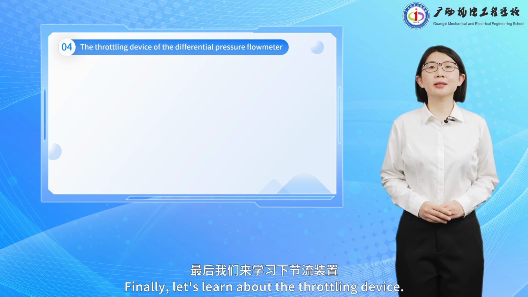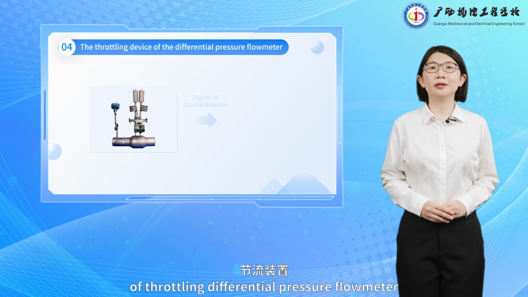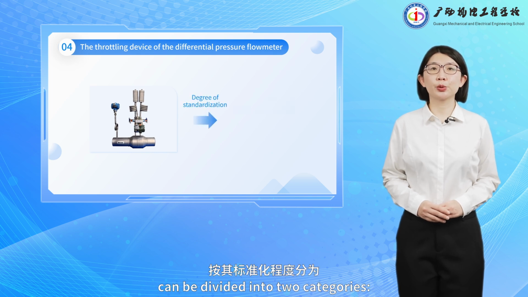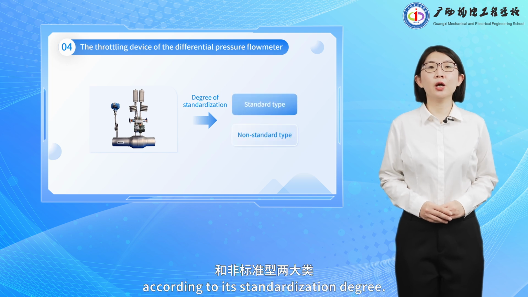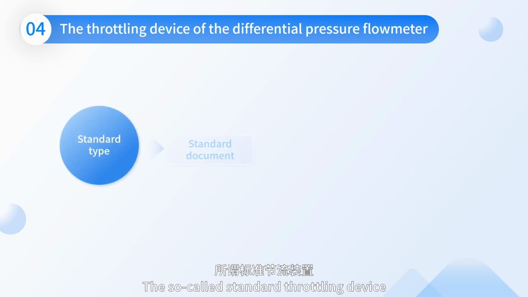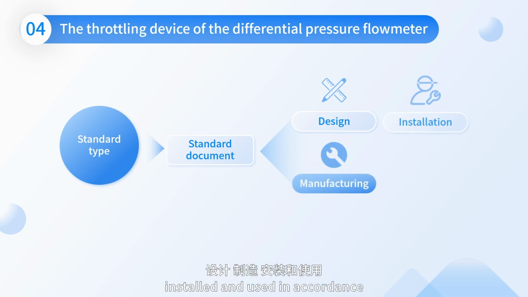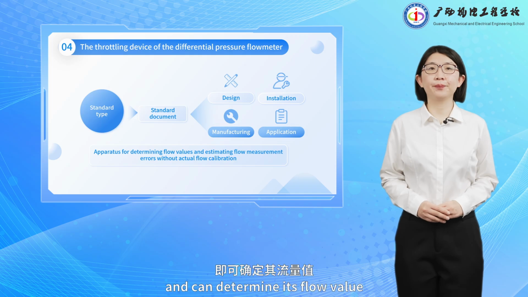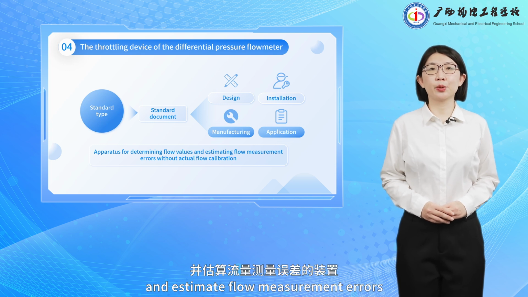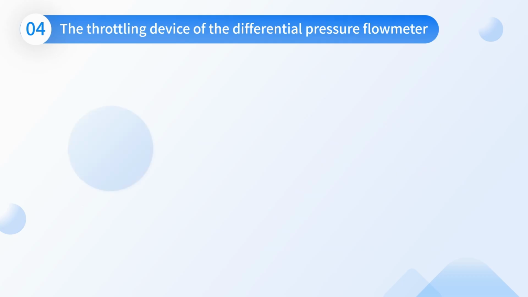Finally, let's learn about the throttling device. The throttling device of throttling differential pressure flowmeter can be divided into two categories, standard and non-standard type according to its standardization degree. The so-called standard throttling device refers to a device that is designed, manufactured, installed and used in accordance with standard documents, and can determine its flow value and estimate flow measurement errors without actual flow calibration.